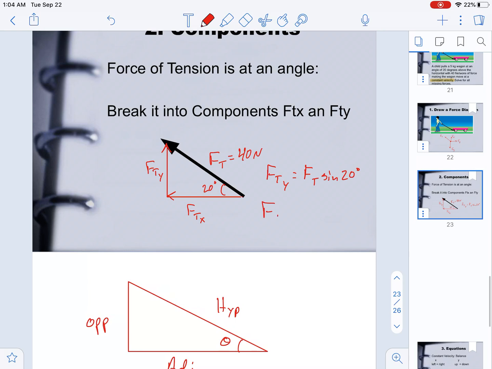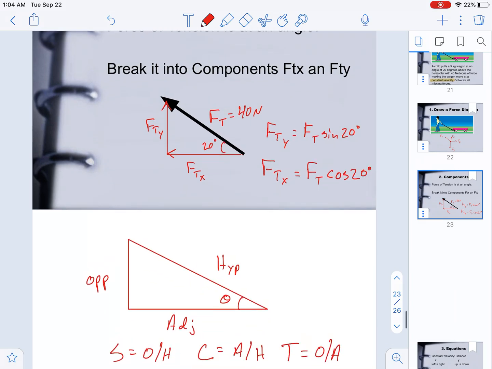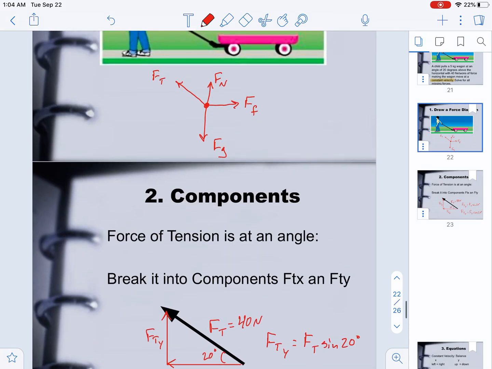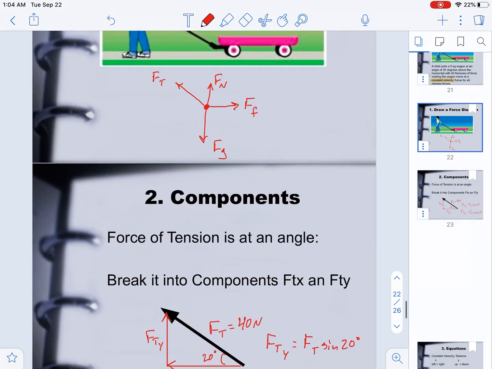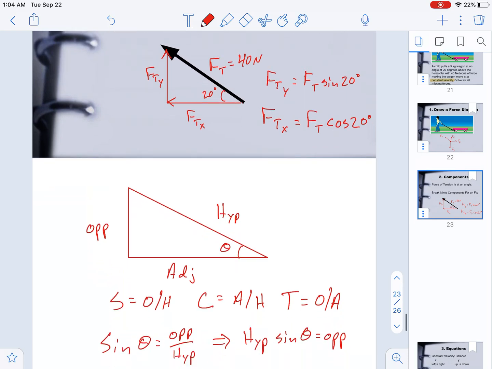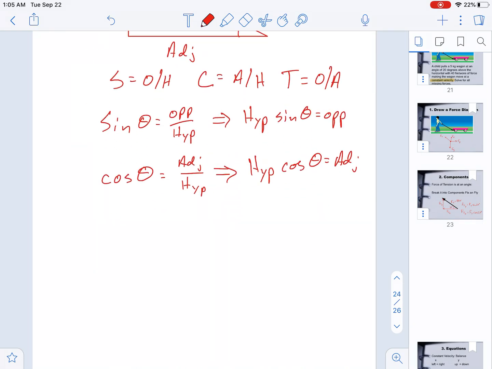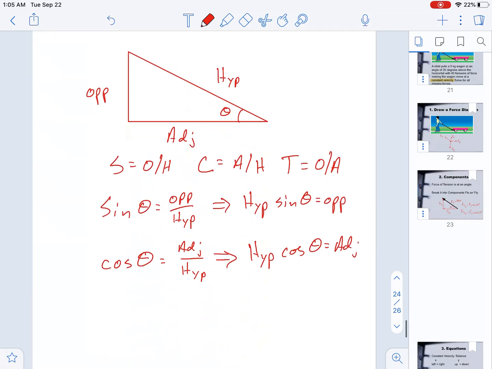That tells me that my FTX would be equal to FT times the cosine of 20 degrees. I'm going to use those in order to determine what the magnitudes of my other forces are.